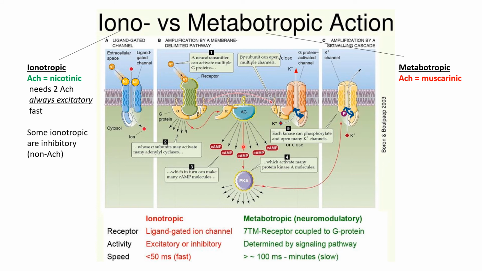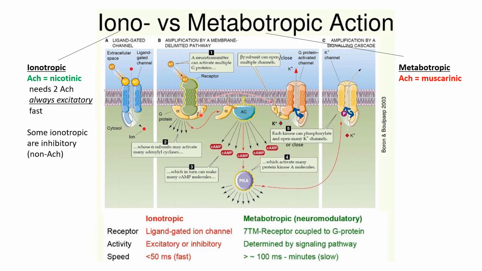In this case, they're going to activate a protein channel, allowing potassium to leave the cell. If the potassium leaves the cell, it's going to inhibit this cell and cause it to not fire. We're going to lower that membrane potential. So that's one way it can happen.